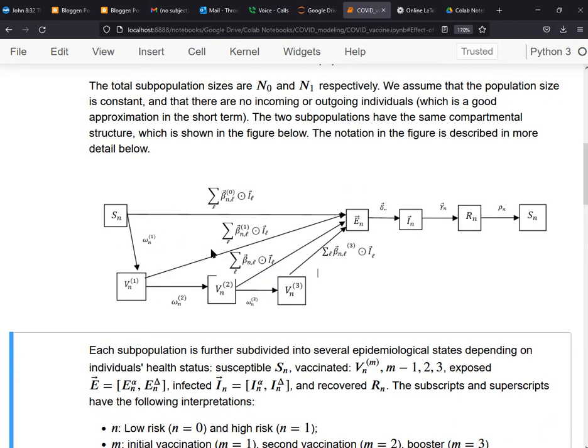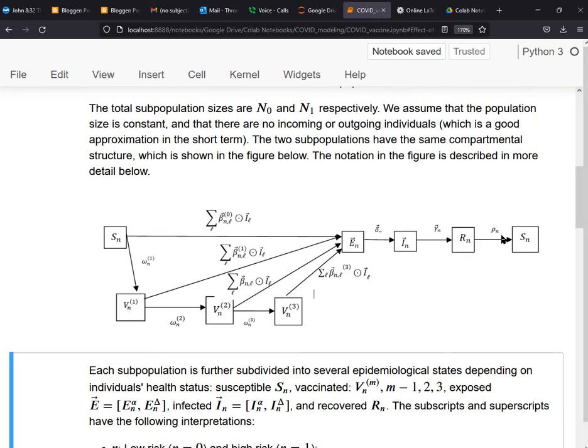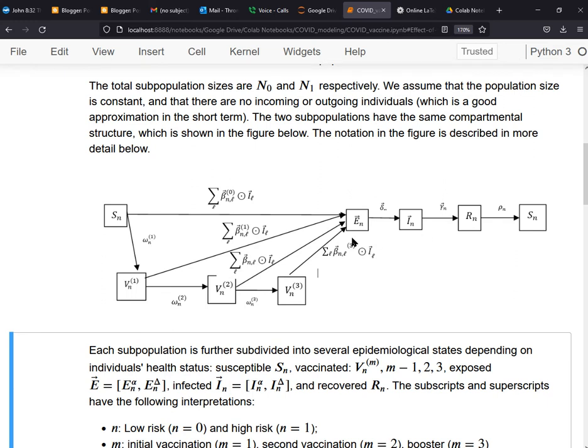1, 2, 3, 4, 5, 6, 7, 8, 9, 10 arrows, you are going to have, well, actually you won't have 10 equations because you'll actually have one equation for each compartment, but you'll have one term for each arrow. So you have 1, 2, 3, 4, 5, 6, 7 compartments. 2 of these compartments are vectors.